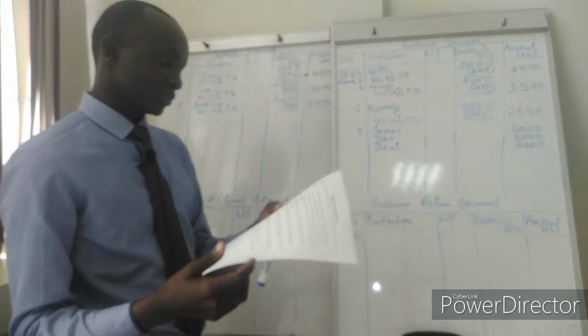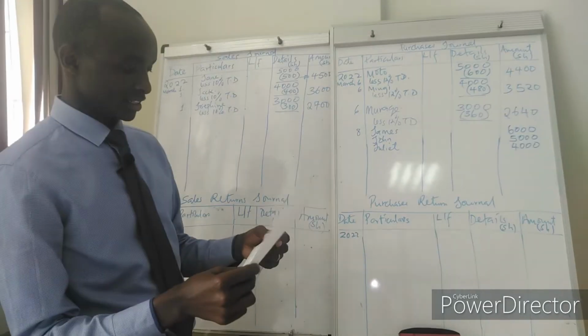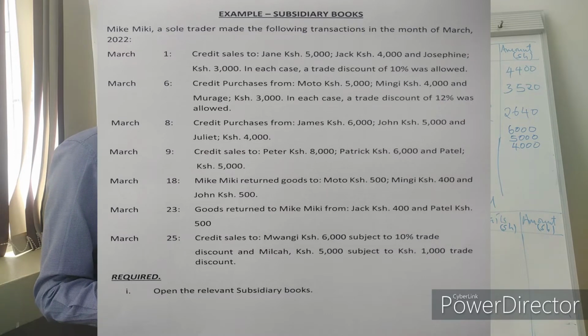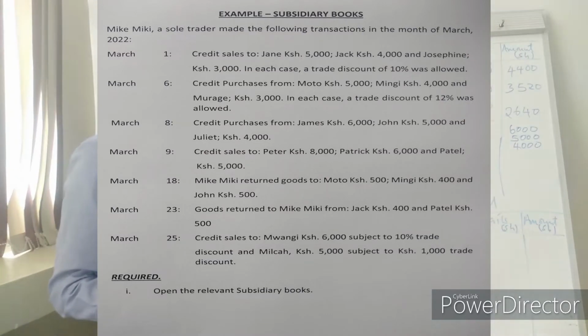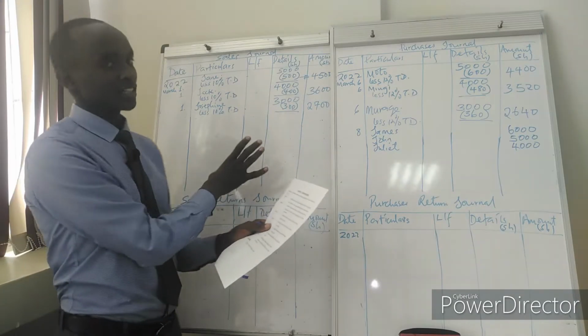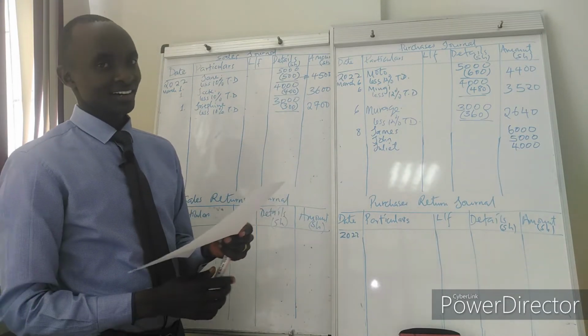Then we move on to the next date. On March 9th, there were credit sales to Peter, 8,000 shillings, Patrick, 6,000 shillings, and Patel, 5,000 shillings. Here, there is no discount. So you're going to enter the figures as they are in the sales journal, because these are credit sales, isn't it?